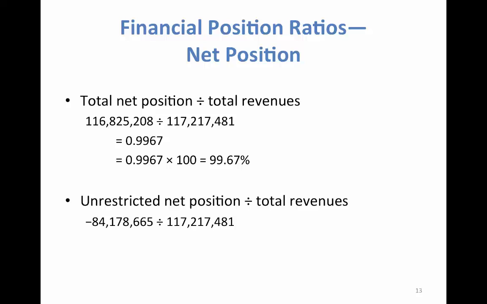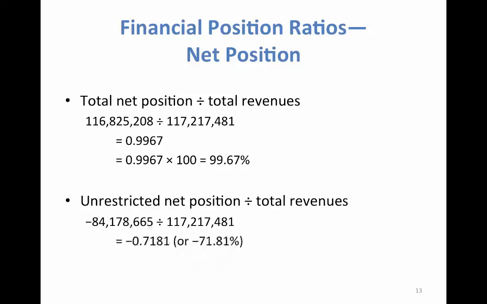And now, with the implementation of the new pension standards and soon the new OPEB standards, they're adding another sizable liability that is the amount of that obligation above and beyond the assets that have been set aside. So if they weren't already reporting a negative unrestricted net position number, they certainly are now.